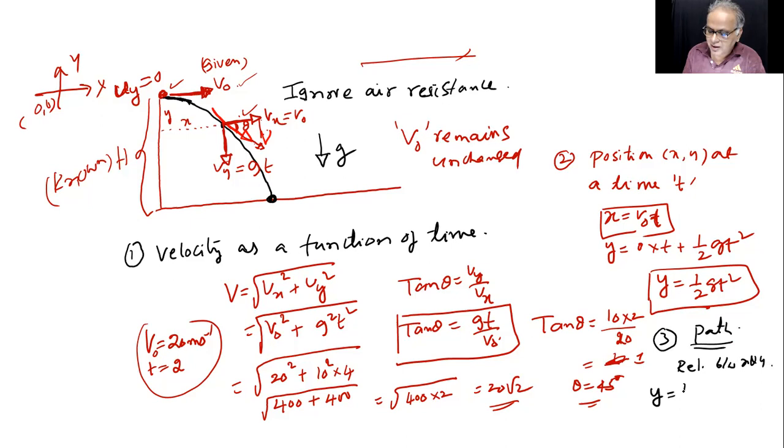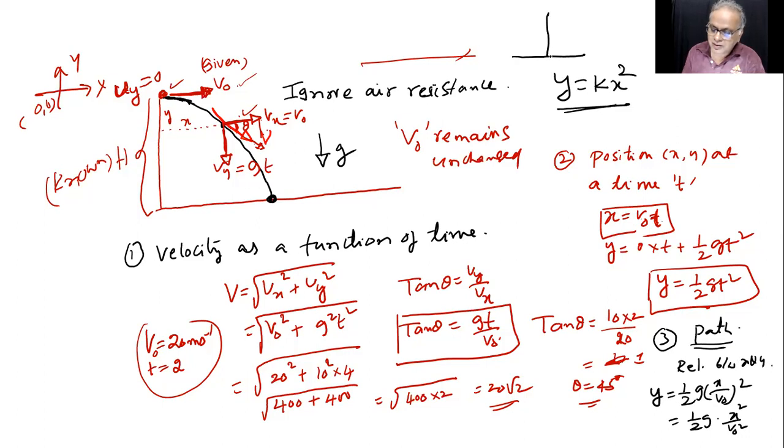Take Y equals half G. In the place of T, can I write X by V0? So what do I get? Half G X square by V0 square. This is like Y equals KX square, no? It's a parabola. Isn't it? The only thing is this kind of a parabola here.